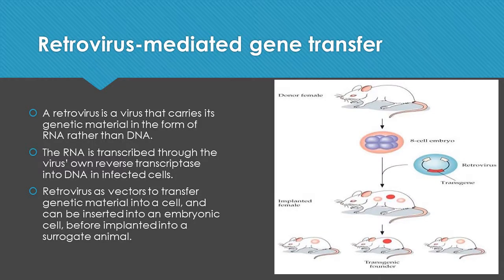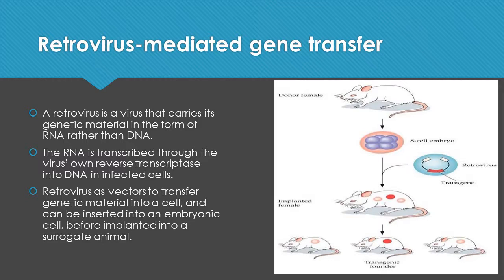The second method is retrovirus-mediated gene transfer. You know that most viruses have either RNA or DNA. A retrovirus is a virus that carries its genetic material in the form of RNA rather than DNA.